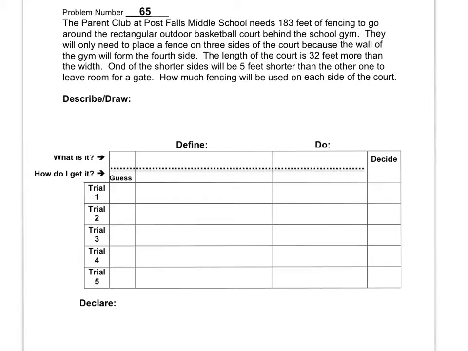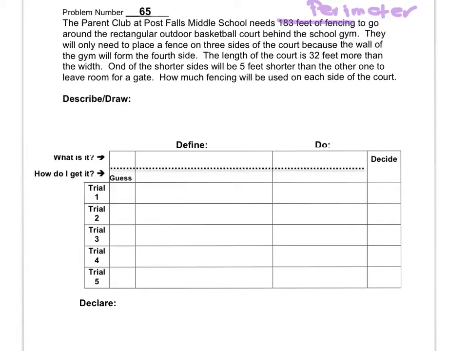The parent club at Post Falls Middle School needs 183 feet of fencing. Whenever I think of fencing, my mind goes to perimeter, because I'm going on the outside. To go around the rectangular outdoor basketball court behind the school gym. A lot of words, but I don't necessarily need any of that information.